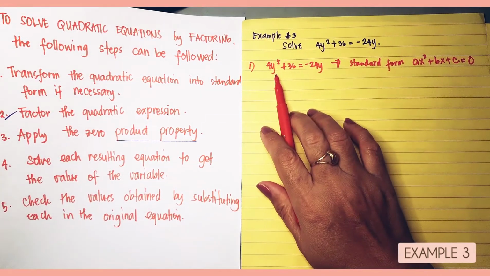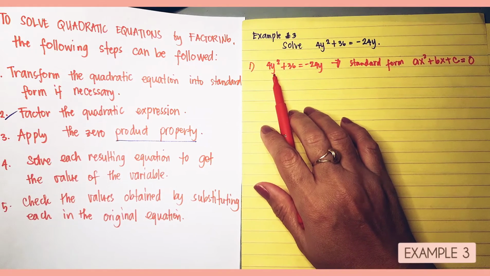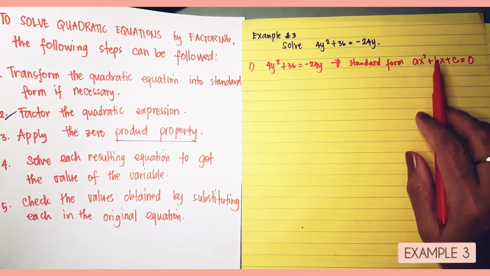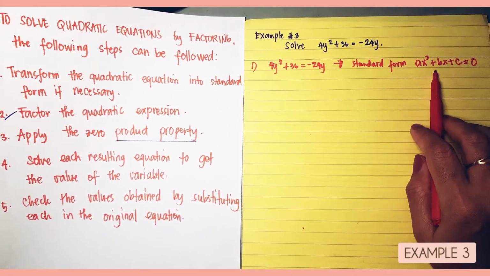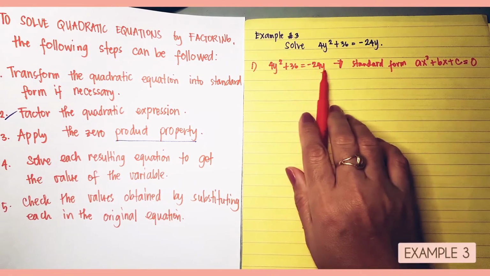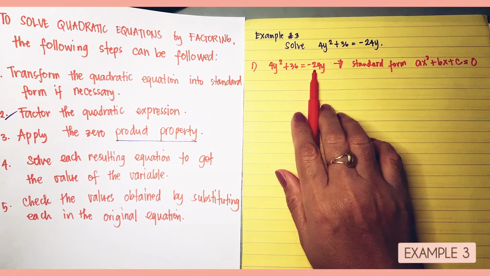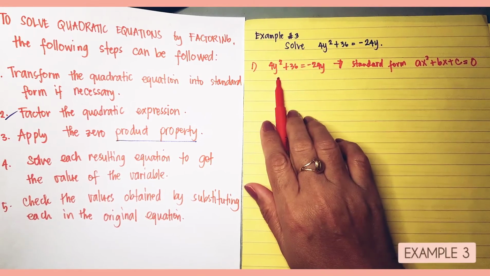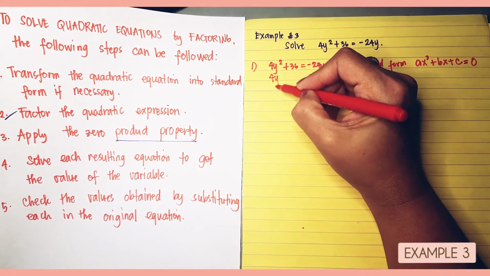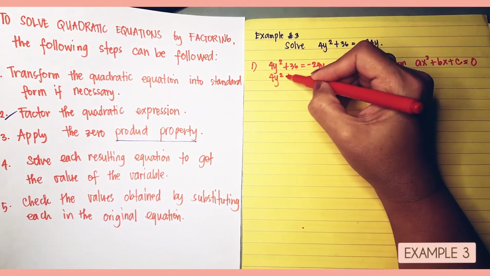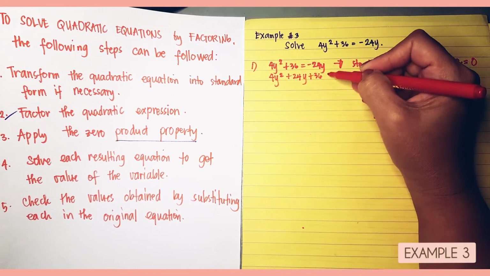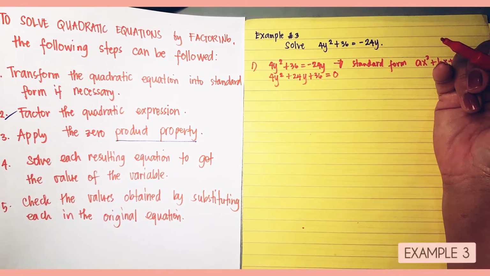Now the variable y that is used here in the given equation does not affect the variable x that is in the standard form. So when we change this into standard form, we simply transpose negative 24y to the left side of the equation. So this becomes 4y squared plus 24y plus 36 equals 0.